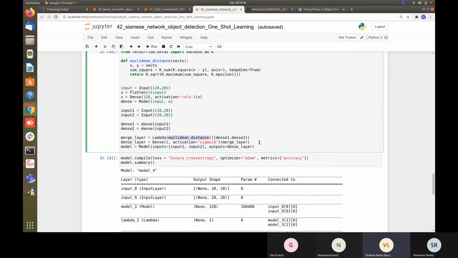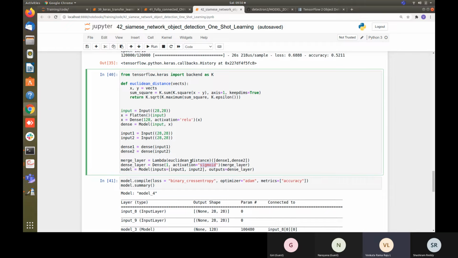Euclidean distance and then sigmoid. So here, this Euclidean distance method will take the vectors, dense 1's outcome and dense 2's outcome.